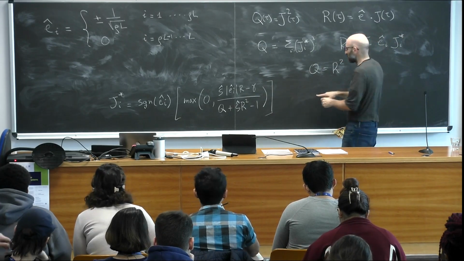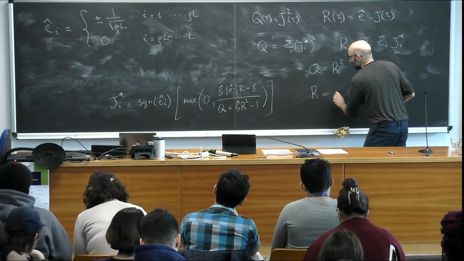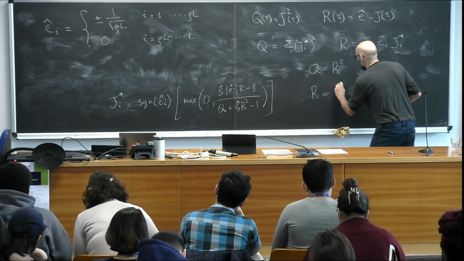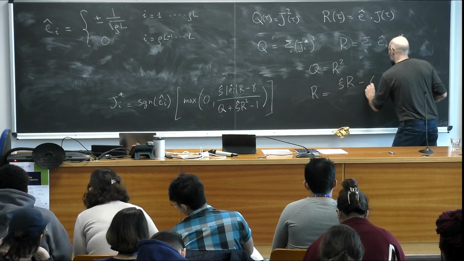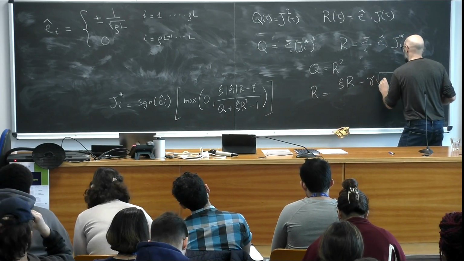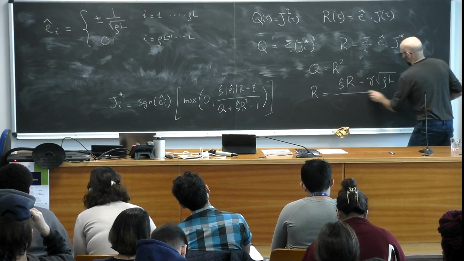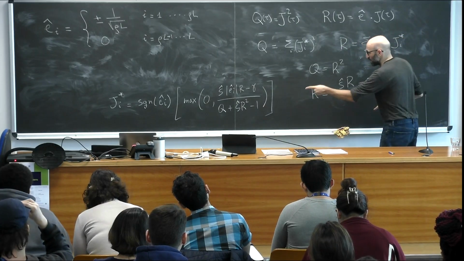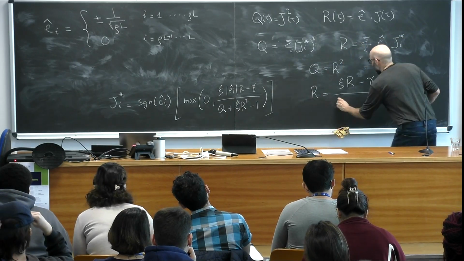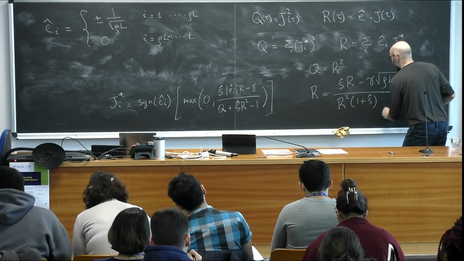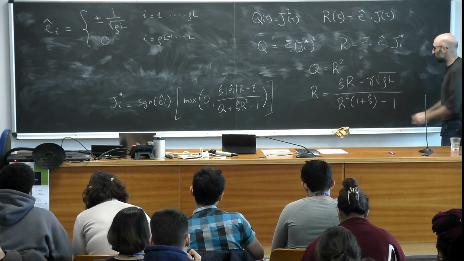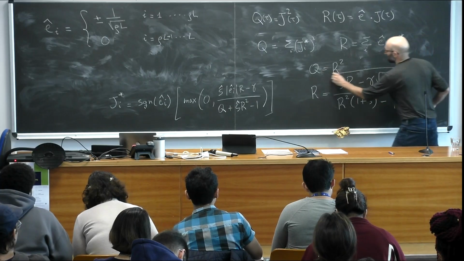And then you get an equation for R, which is R equal to S hat times R minus gamma square root of rho L, divided by the denominator, which is R squared times 1 plus S hat minus 1. So now you get one equation for R.